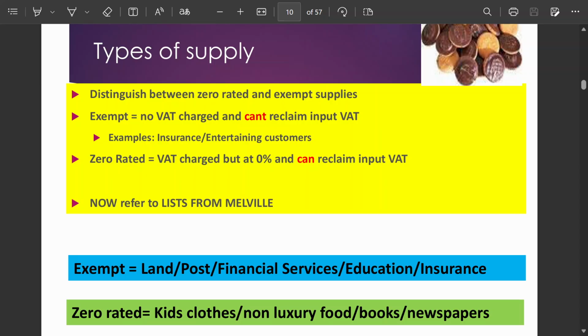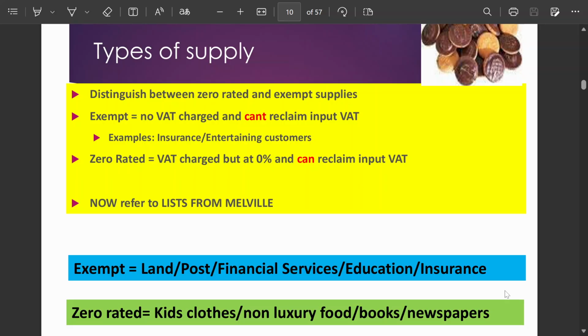Please remember some of these examples, like kids' clothing, non-luxury food, books and newspapers. You'll often get a question in the exam which will say that this person was selling books and newspapers to UK customers. Well, books and newspapers are zero rated. That information will not be given to you.